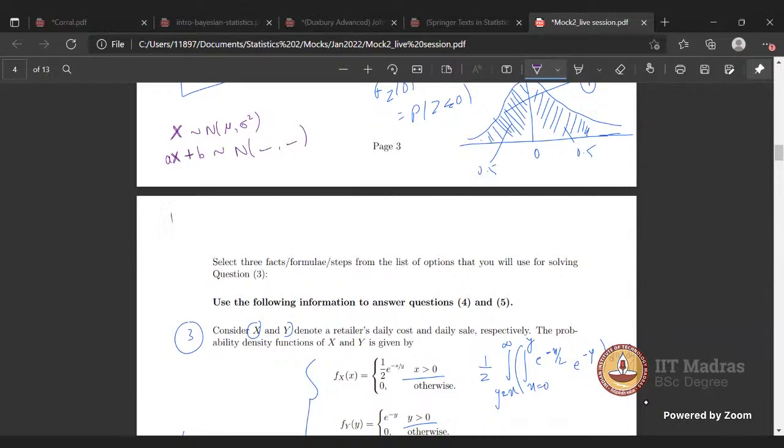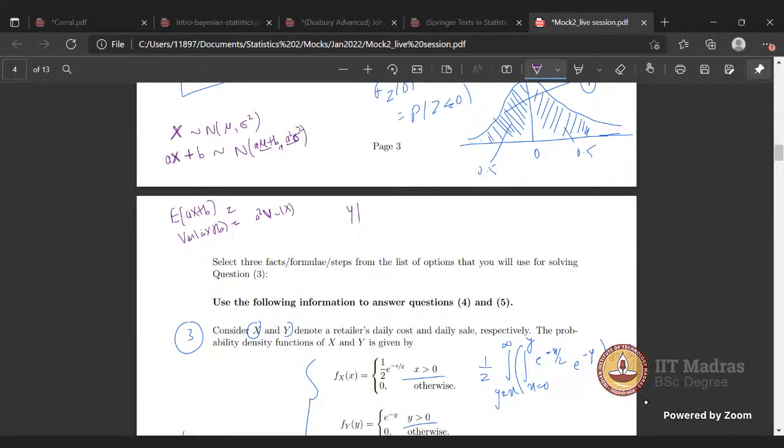The expectation of ax plus b is a times the expected value of x plus b, that is a mu plus b. The variance of ax plus b is a square times the variance of x, so a square sigma square. Same thing we are doing here.